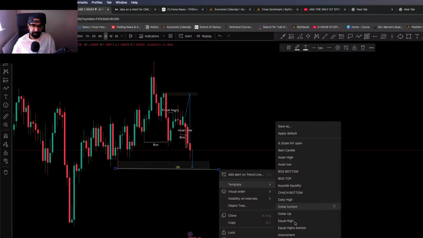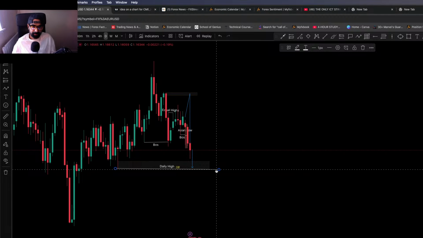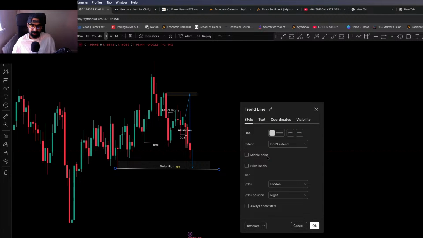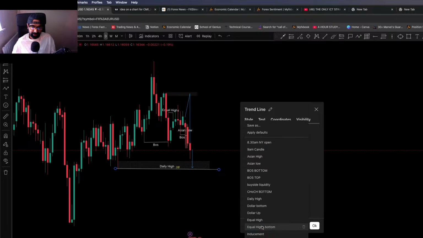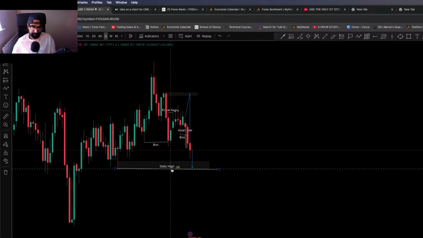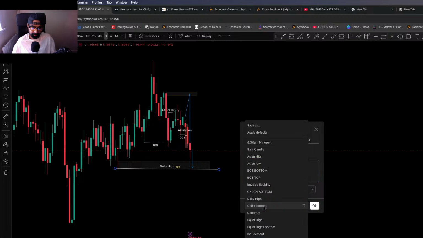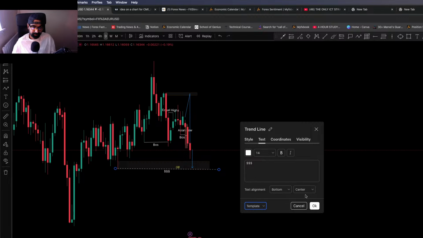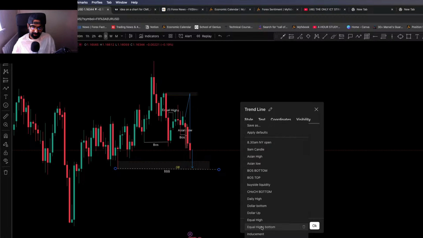Put the daily low. That's a daily low. I haven't got a daily high set up, but it should have been down. What's going on here?